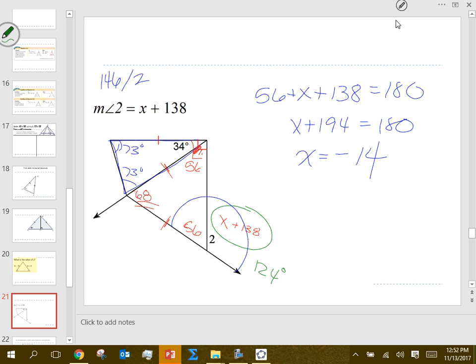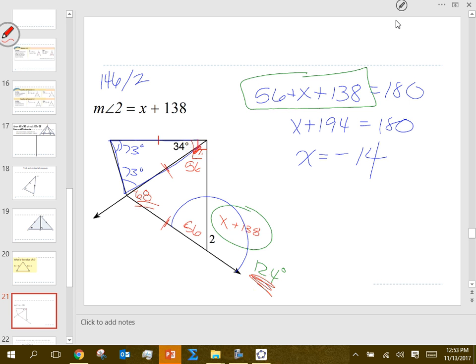Somebody in the last class said, if you want to check to see if you did this right, plug negative 14 in here and see if you get 180 on the left-hand side. Perfectly fine. That tells me that every step I did after I wrote that equation, my algebra was right, correct? But I want to check, that's going to tell me that the equation I set up was also right. Does that make sense? And just plugging in doesn't do that. But doing this does.